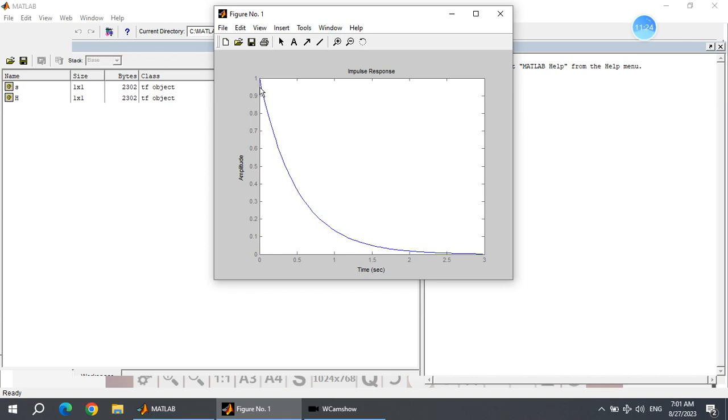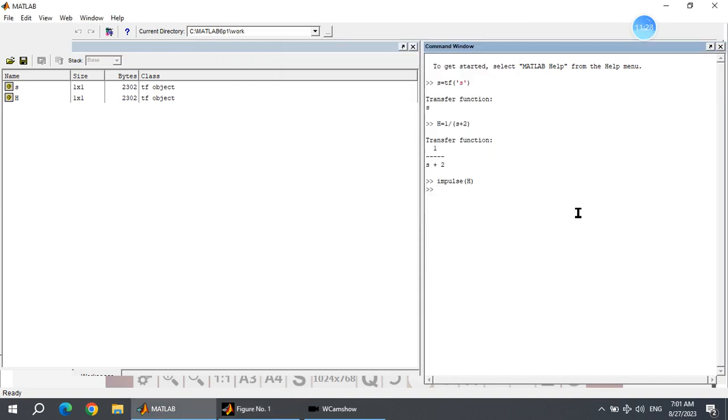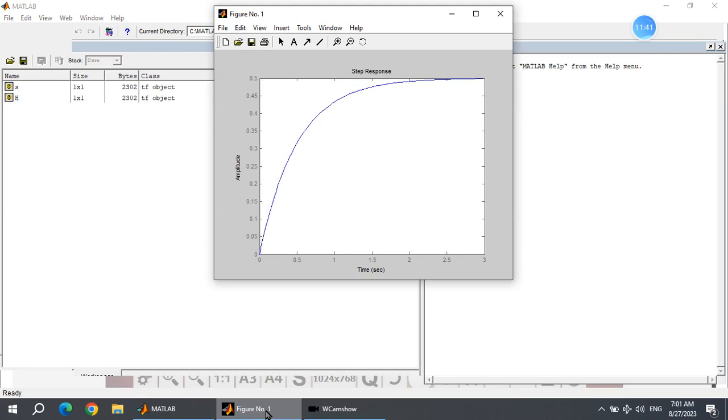E to the negative 2t. And we can also see what the step response is. The step response will be this one.